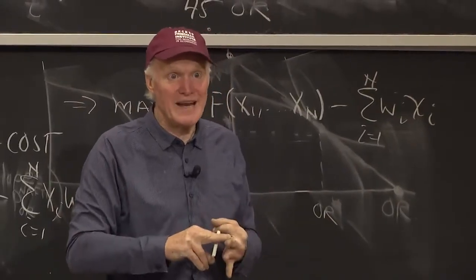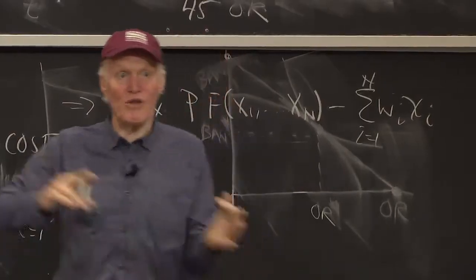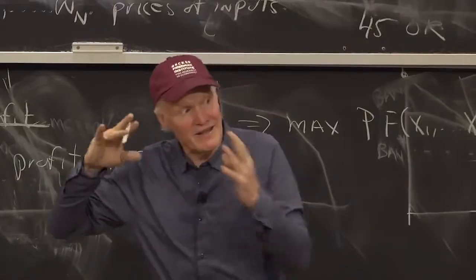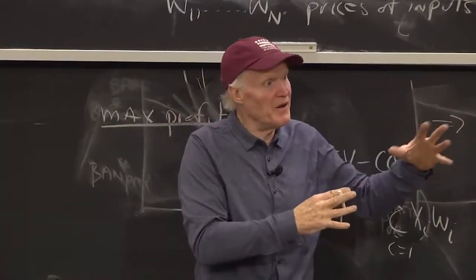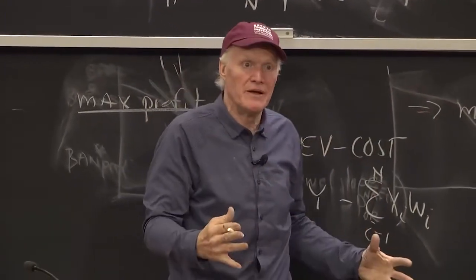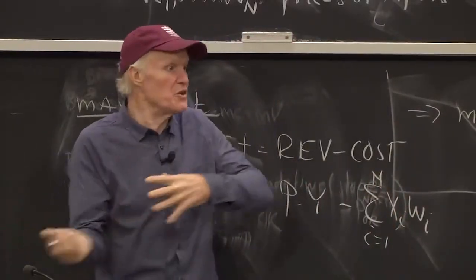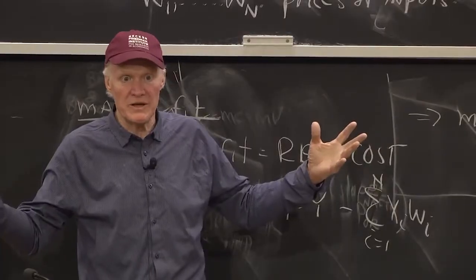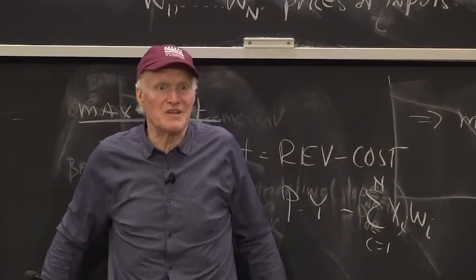You can't say, some guys are really good at watching TV, so we're going to let them watch TV, and other people are really good at something else, and then we'll trade the utility. We can do that in production. I can be really good at making widgets, and you can be really good at making something else, and we specialize in production. But the production of utility is intrinsic to consumption.